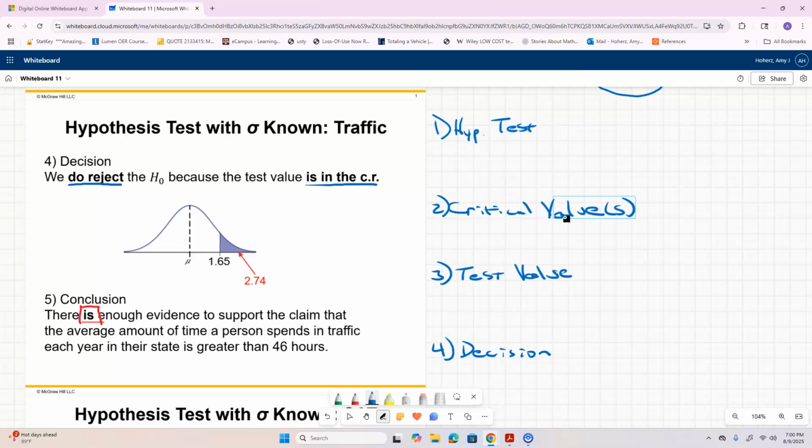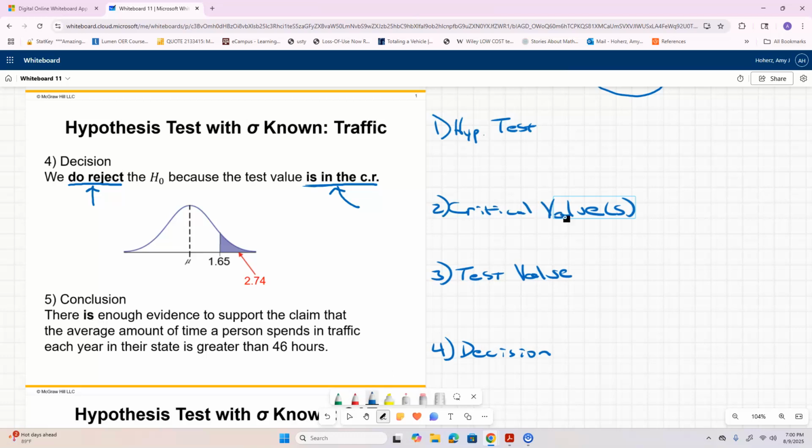So we blank the null hypothesis because the test value blank. So you have to fill in this blank that will be on the exam and this blank that will be on the exam. Okay. Same thing with the conclusion.